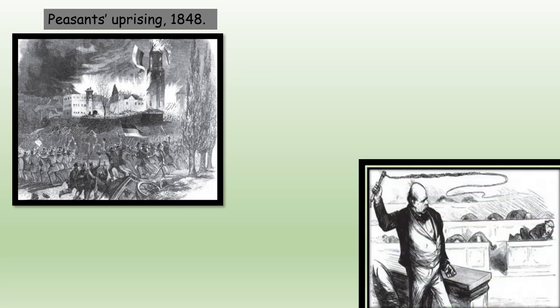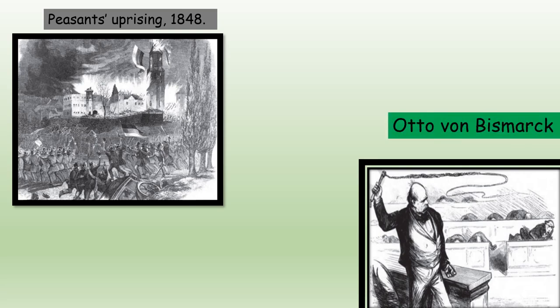Now let's look at this next picture. Here we can see a man with a whip and many people are hiding down. Who is this man? Why is he carrying a whip? What is this picture trying to tell us? Well, this man is the architect of unified Germany, Otto von Bismarck.